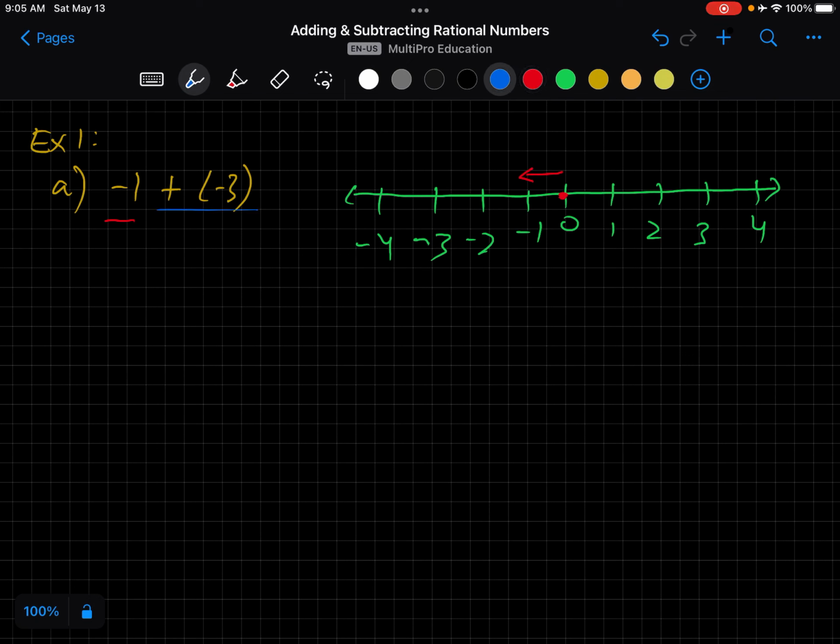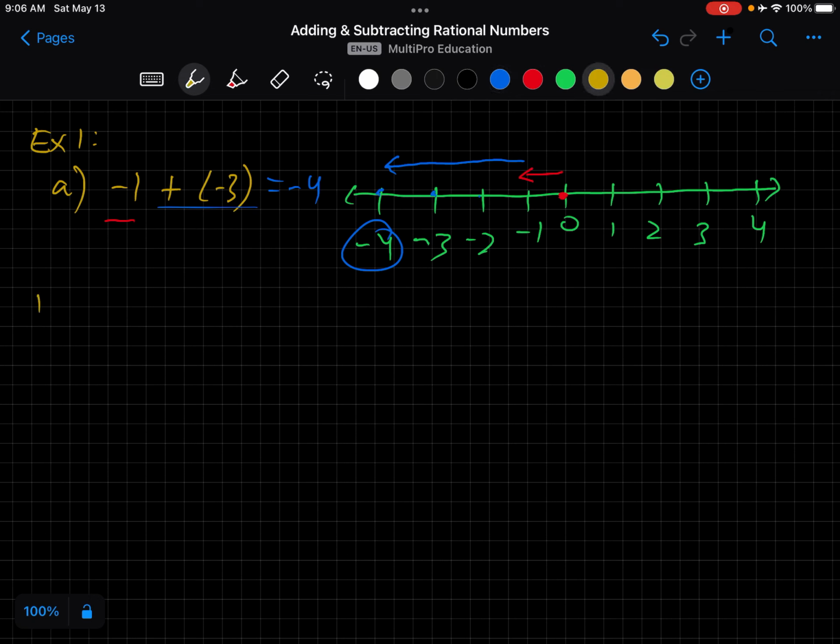And then our second step is to add another minus 3 to it. Well, if we go minus 3 more, we're going to go from minus 1 to minus 4, because that's 1, 2, 3 in the negative direction there. So then our answer would be minus 4.